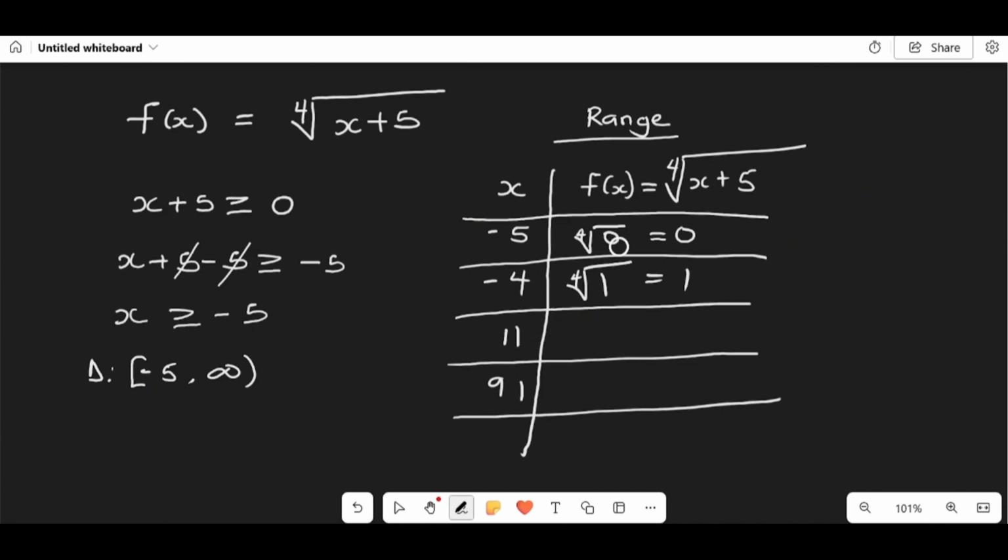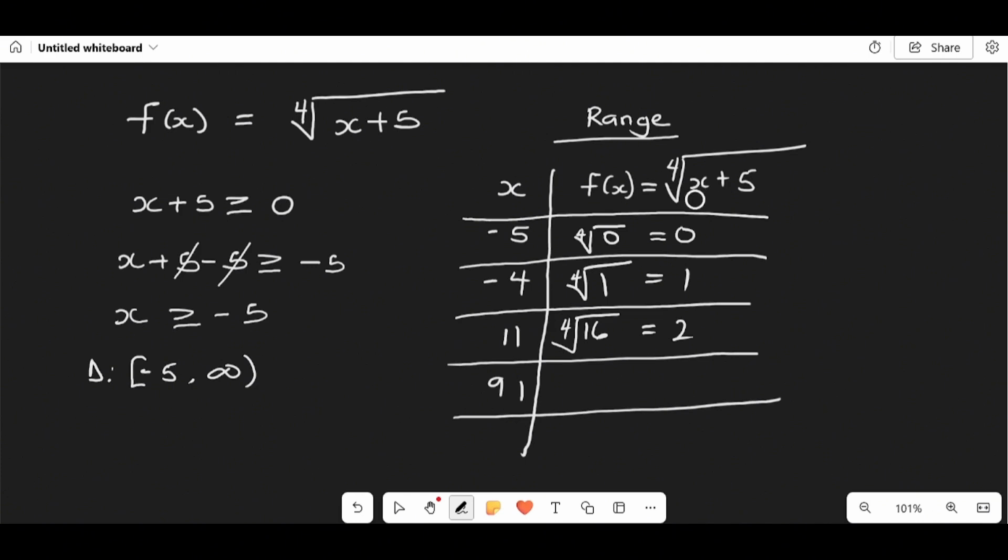If we substitute x equal to 11, we get 11 plus 5, which gives us 16. The fourth root of 16 is equal to 2.